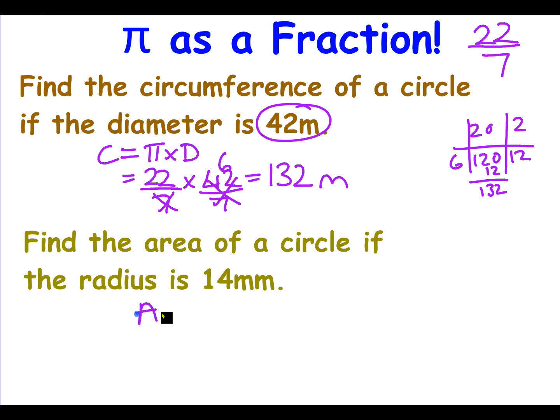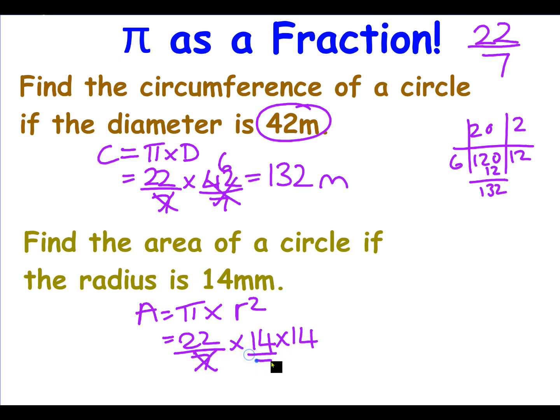So we know the area is pi times the radius squared. So pi is 22/7. The radius is 14 millimeters. And because we're squaring it, that means 14 times 14. Now what I can do is don't do that, do this. And then 14 divided by 7 gives me 2. So our problem becomes 22 times 2, which is 44, times 14.